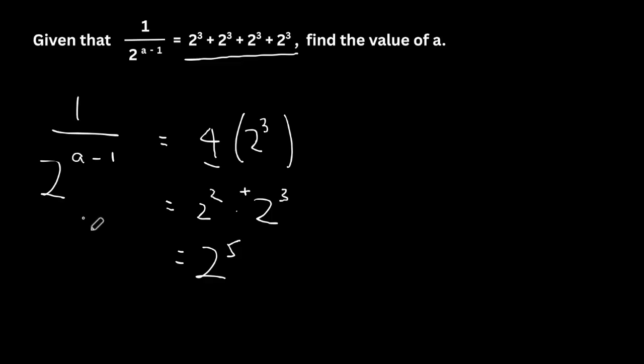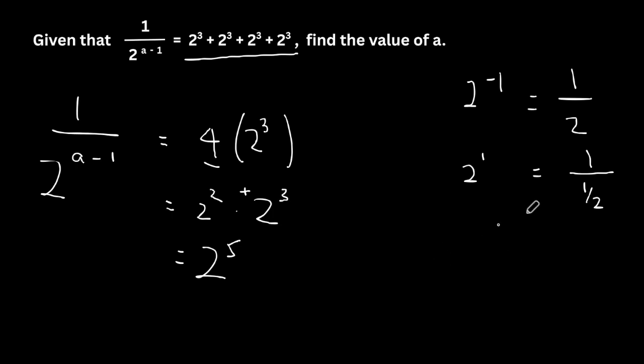And now, let's deal with the part on the left. 1 over 2 to the power of a minus 1. When I write this as 2 to the power of negative 1, this really means 1 over 2. Similarly, when I write 1 over 2 to the power of negative 1, how do I write this at the bottom? It's the same as 1 over 1 over 2.